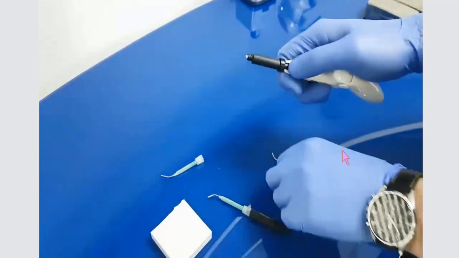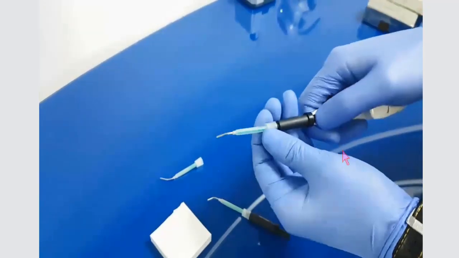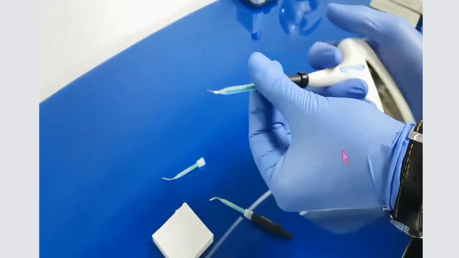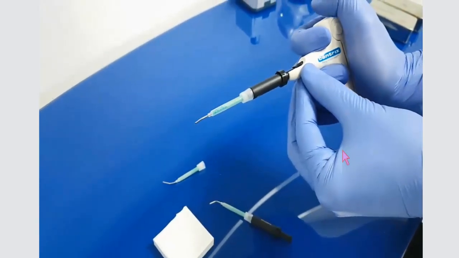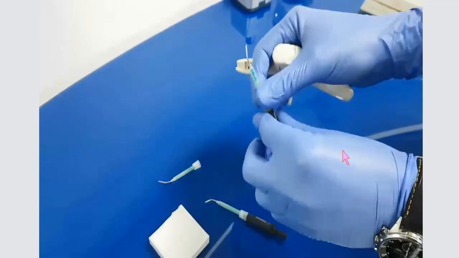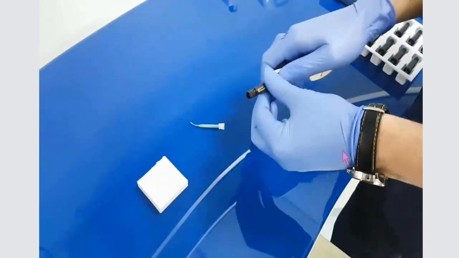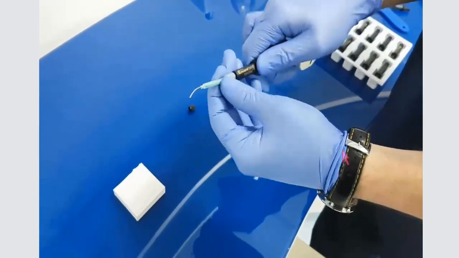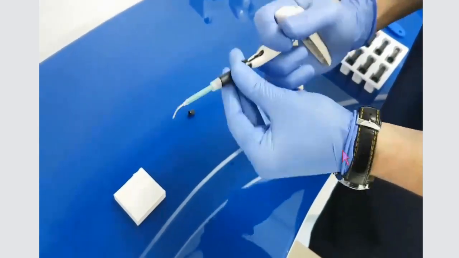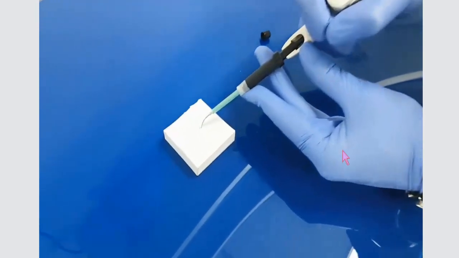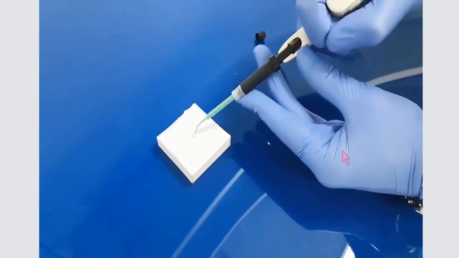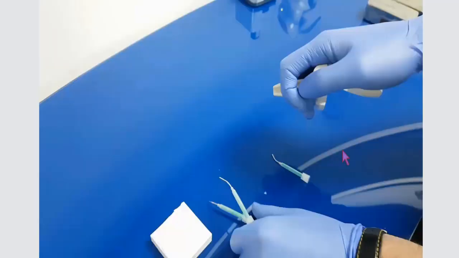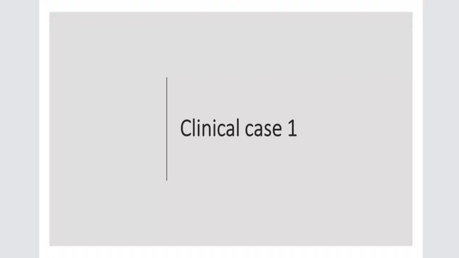In this cartridge, there is only a small amount of material left, not enough for a core buildup. So I will fill a mixing nozzle with all the material left, and fast I will place that mixing nozzle onto a new cartridge. And this way, you can make from one cartridge around 3 core buildups. So this is a small trick just to take the most from one tray of core buildup.